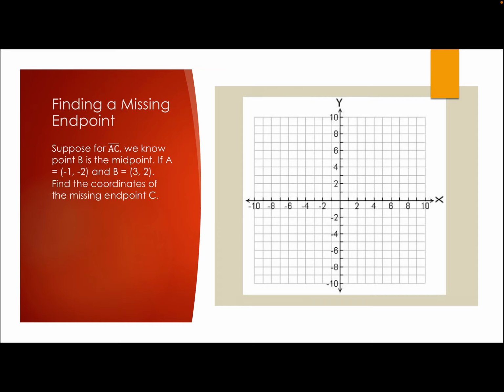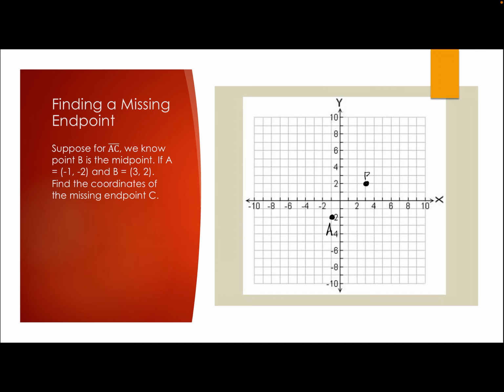All right, so now if we have a missing endpoint, say we know that for AC, B is the midpoint of that segment. And we know that A has coordinates -1, -2. So point A is right there. And then we know that B, which is the midpoint, has coordinates of 3, 2.